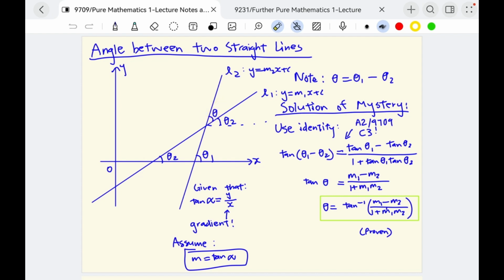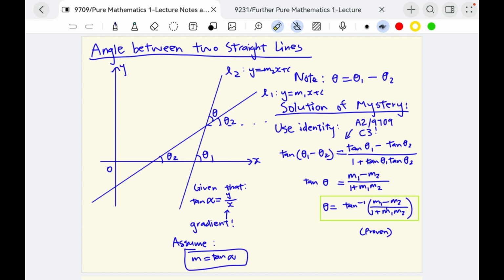To prove this, I must have good diagram illustrations for your better understanding. Since there is a horizontal line which is parallel to the x-axis, what we know is theta plus theta 2 is equal to theta 1.